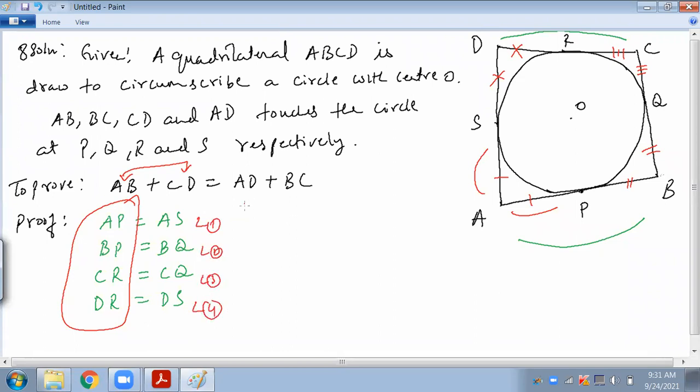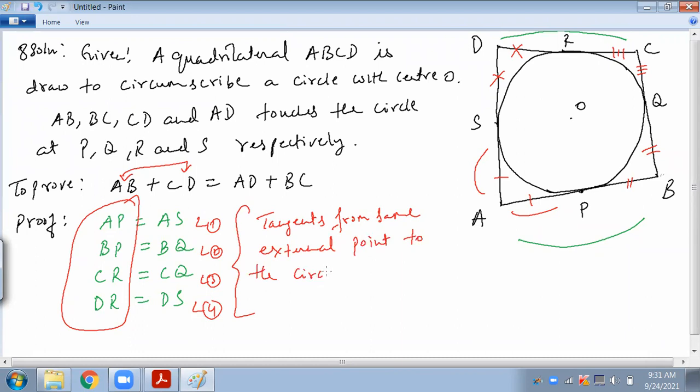And why are they equal? The reason is the same: tangents from the same external point to the circle are equal.